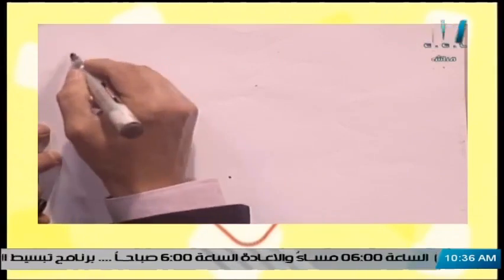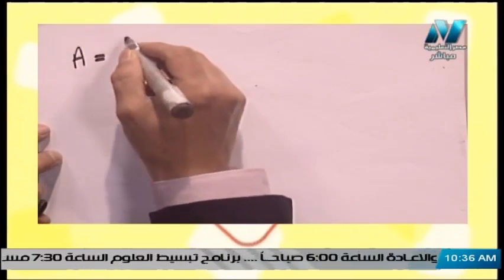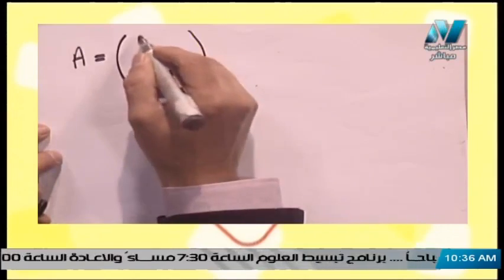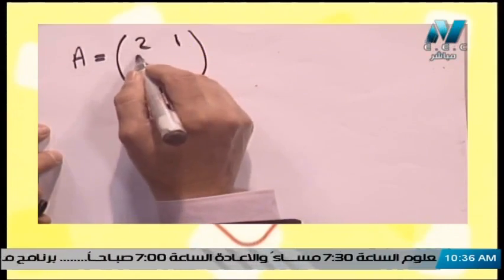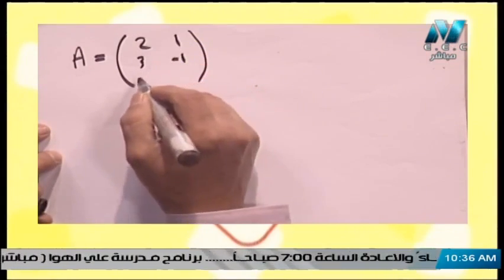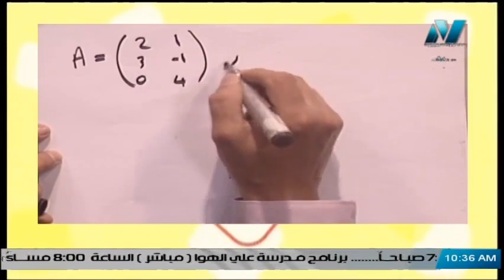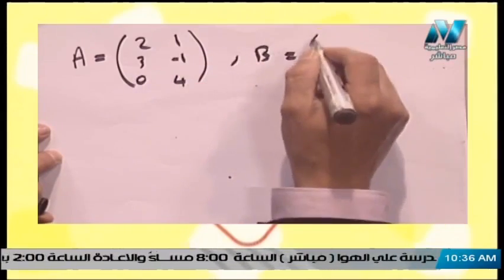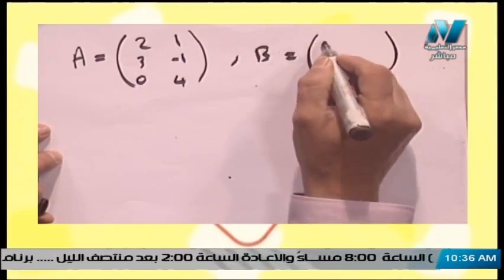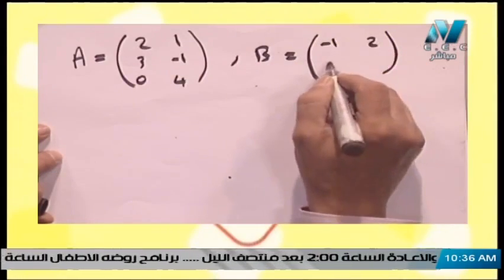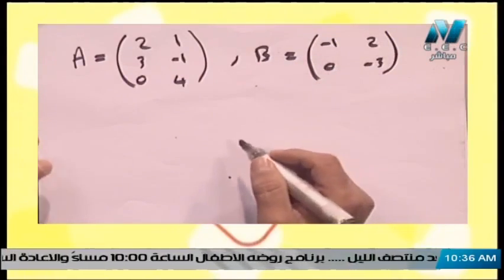In this example, we have A with the numbers 2 and 1, 3 and negative 1, 0 and 4, and B equals negative 1, 2, 0 and negative 3.